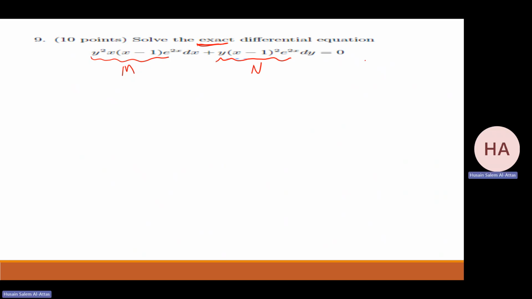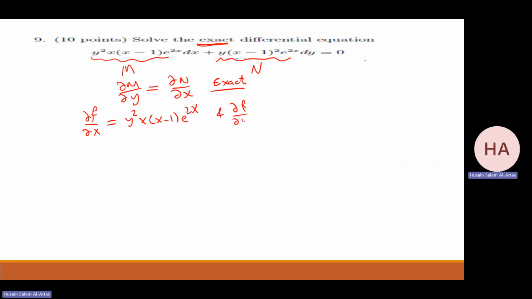He said it's exact, but if we check without dividing, I notice when I divide, there is a problem. Partial m with partial y is partial n with partial x, so it's exact. No need to check because he said it's exact. So let us solve it. I have partial f with partial x equal to all of these things, and partial f with partial y equal to all of these things.